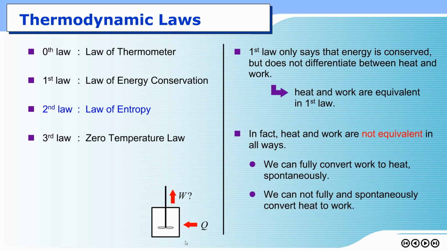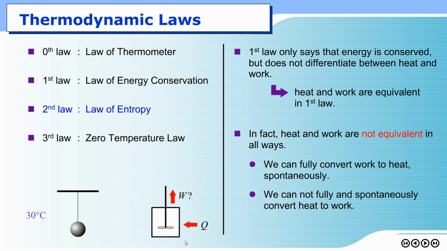What does it mean? Money is more valuable than the junk itself. So these two are not equivalent in all ways. Just like heat and work, we can convert work into heat, but we cannot convert heat back to work completely or spontaneously. So in this sense, work is more valuable than heat.